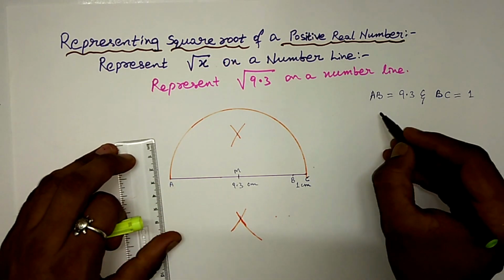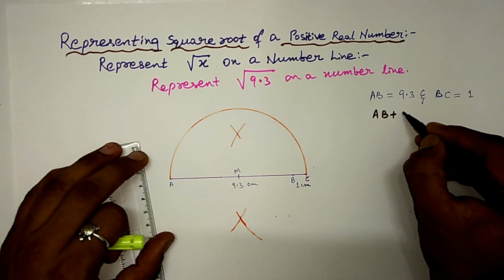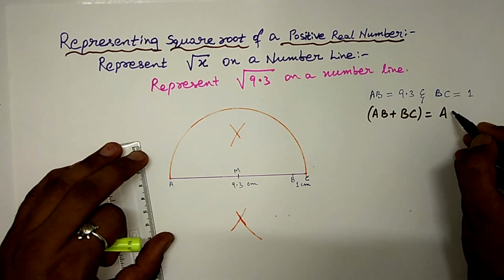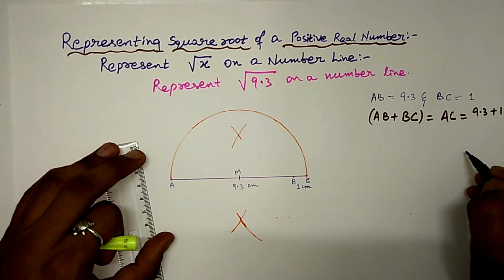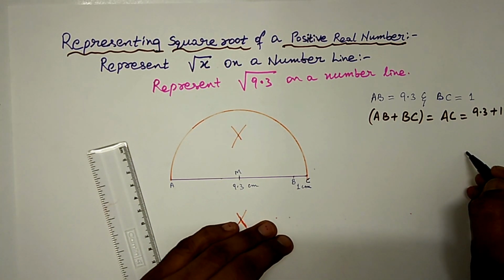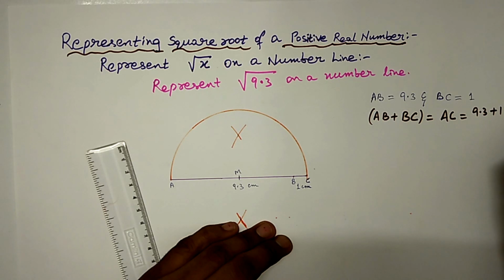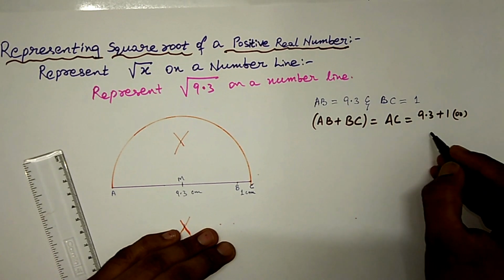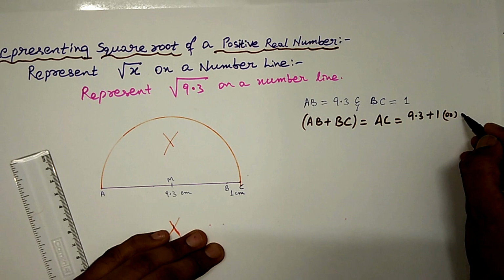AB plus BC put together gives the line segment AC, which is 9.3 plus 1, the sum being 10.3.